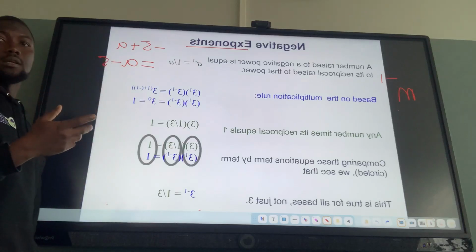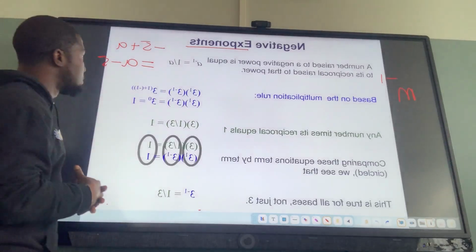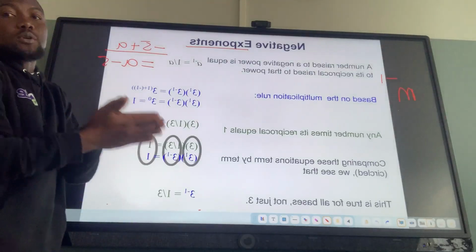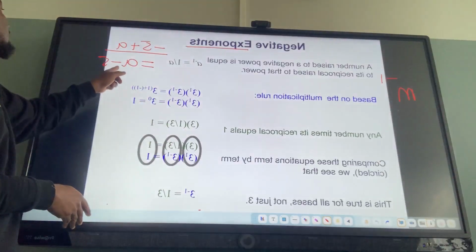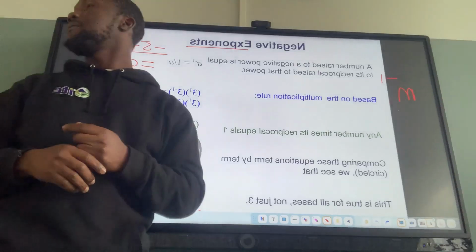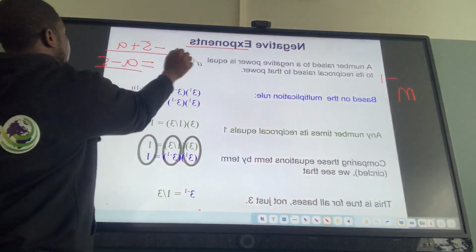This is because negative numbers do not begin an expression. It's always advisable that when you have an expression, a group of terms, you always start with the positive number. So in this case, you can see this one is simplified, but that one is not. So it's important for us to recall that.